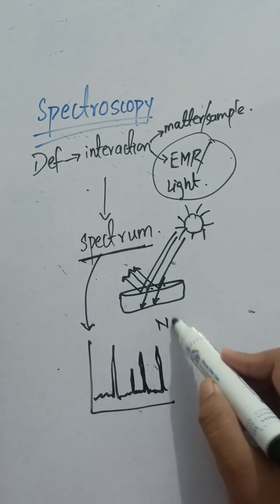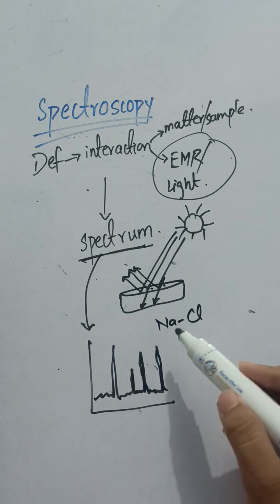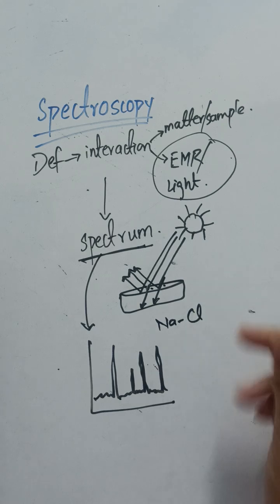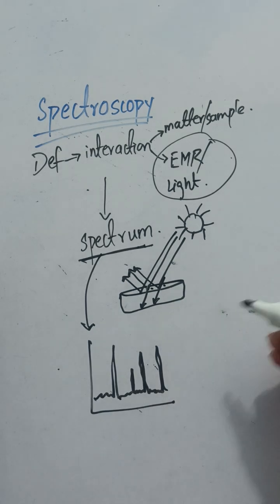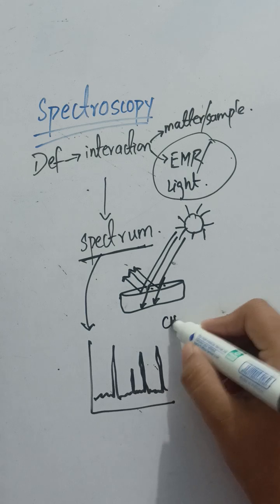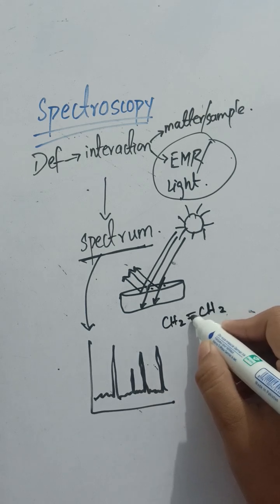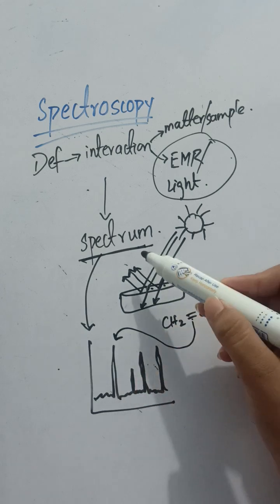Like NaCl, it will show the covalent bond in it, and it also shows the presence of a double bond or triple bond. For example, NaCl has a single bond. If we consider alkanes, alkenes and alkynes, for example CH2=CH2, it has a double bond. Now this double bond is shown by a peak inside the spectrum.